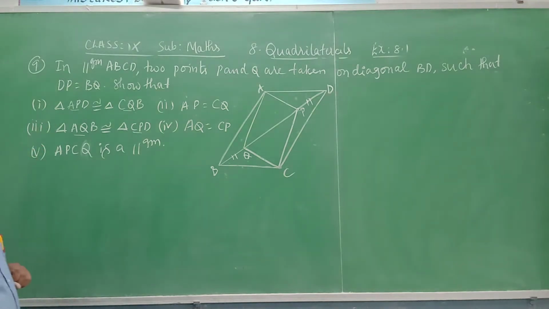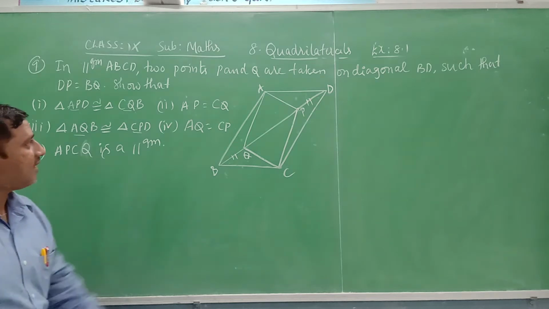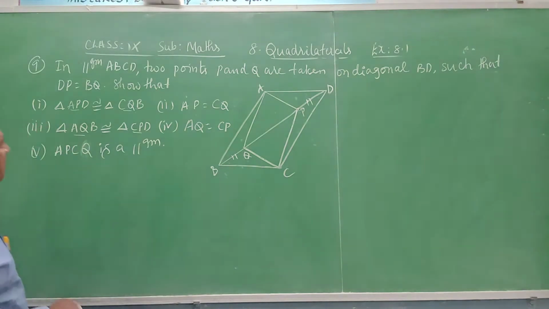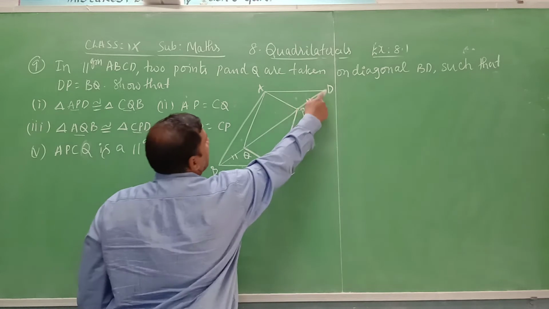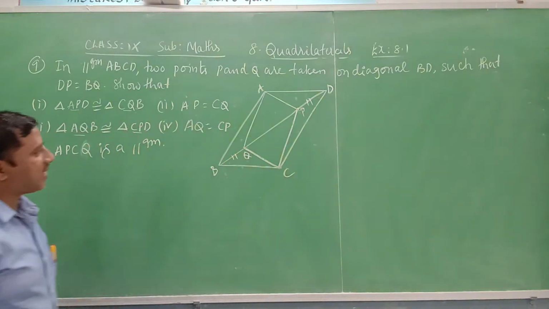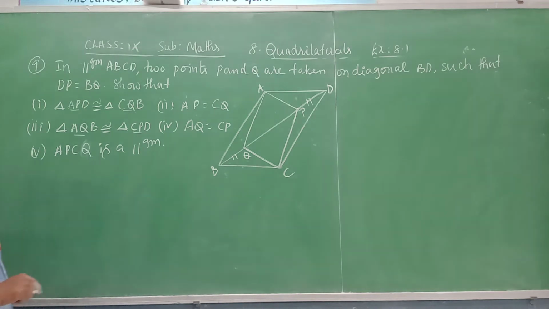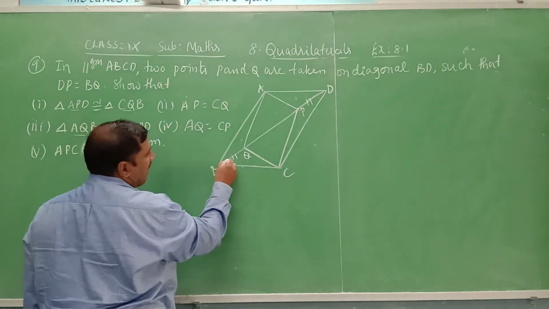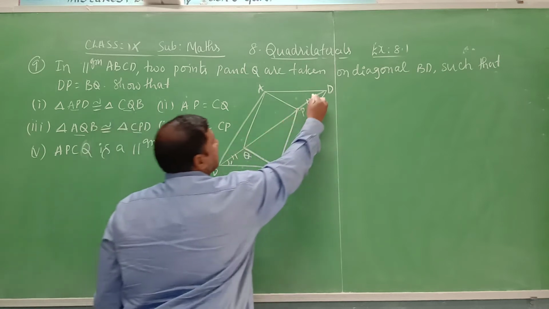How do we prove that they are congruent? See here, first triangle ABD and triangle CQB. Consider angle 1 and angle 2.